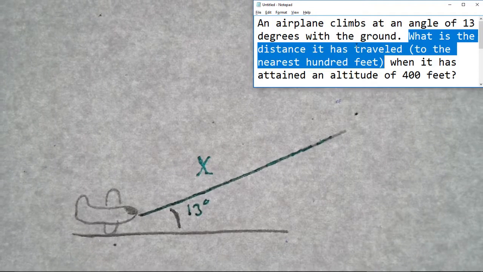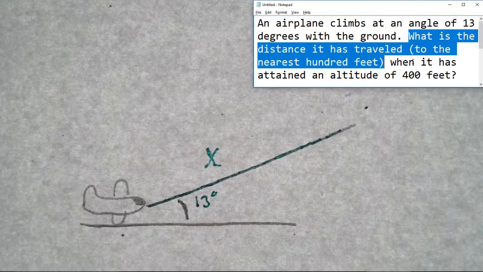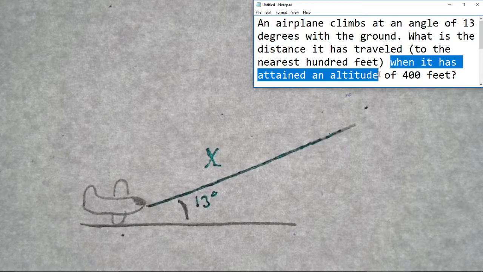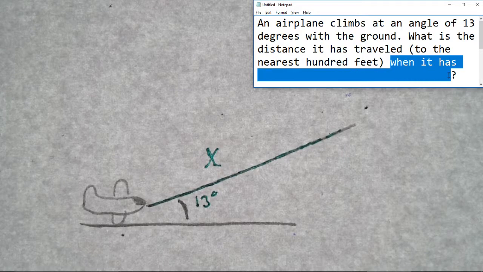And then next, it says, what is the distance traveled when it has attained an altitude of 400 feet? Attained just means you got an altitude. So how far have I traveled when I've got an altitude of 400 feet?